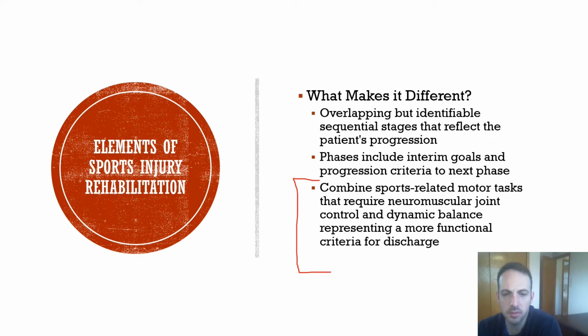The other sorts of things here are fairly similar, with overlapping and identifiable stages and interim goals to the next criteria. But really, we're usually looking to a much higher level of function in order for discharge to occur.